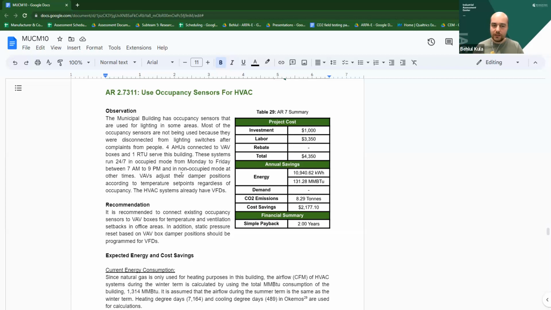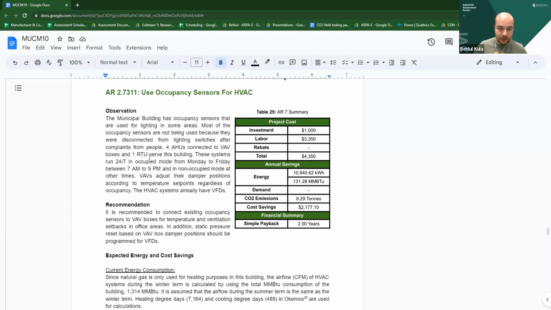You can connect these sensors to your HVAC system, and by programming this from the building automation system, you can program your HVAC system according to occupancy.